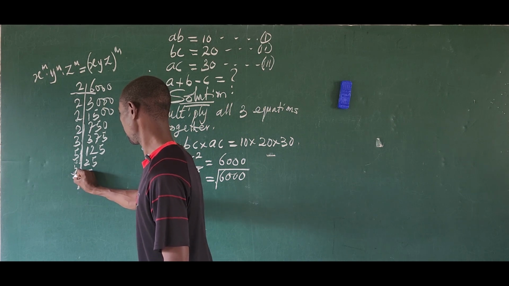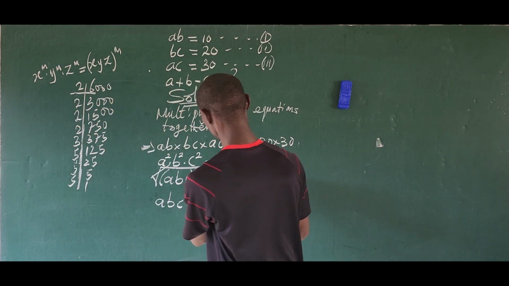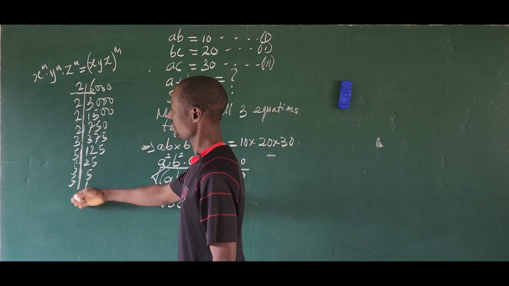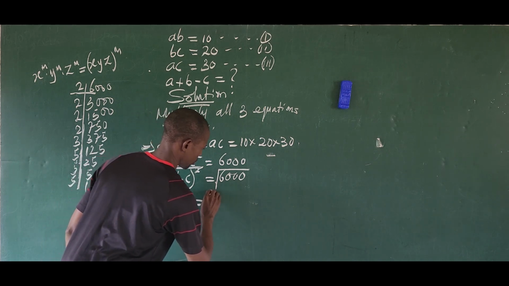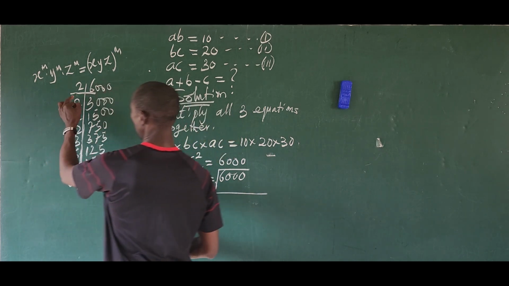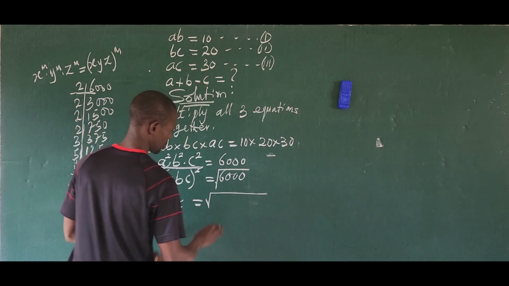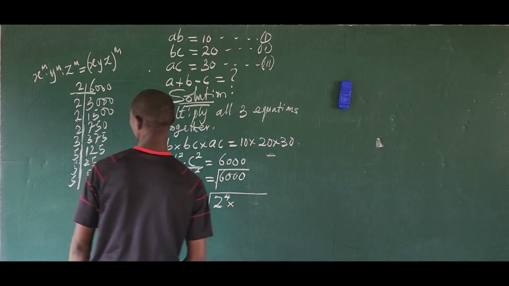And 5 into 5 will give us 1. So expressing these as a product of its prime factors, we're going to have this, right? So this can be written as the square root of our 2. We have 1, 2, 3, 4 of it. So we have here 2 to the power of 4 times our 3.